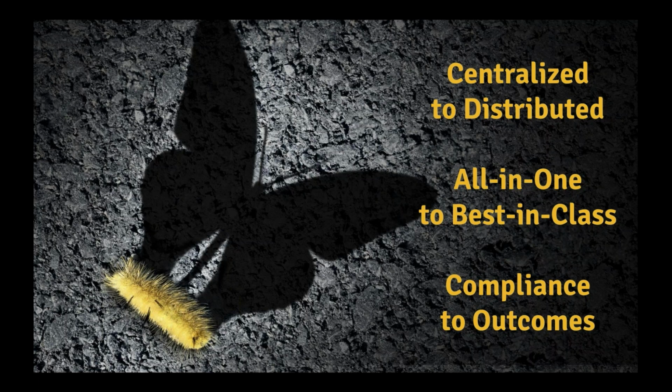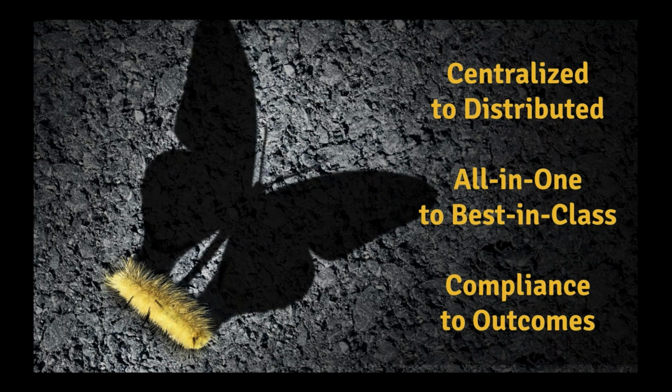And what we want to do is be able to select the best solutions that meet the needs we have in our environment. So this move from all-in-one to best-in-class suggests that the solutions we bring in, the technologies that we employ in the classroom, have to be able to integrate together and support the variety of ways a school district, a school, are going to compose or build that system of support.